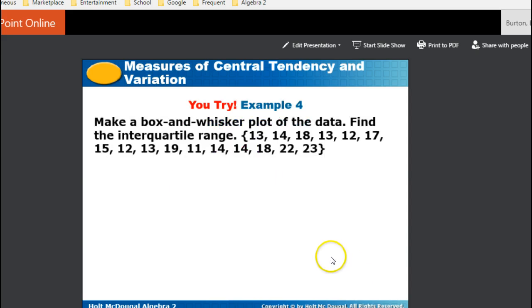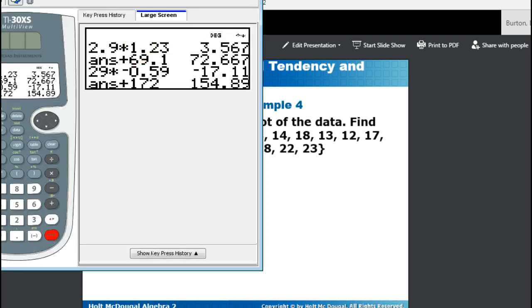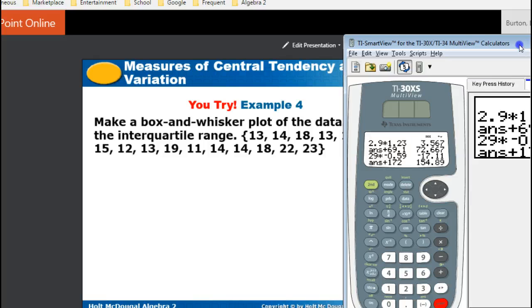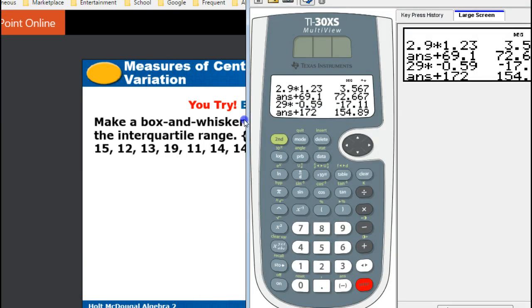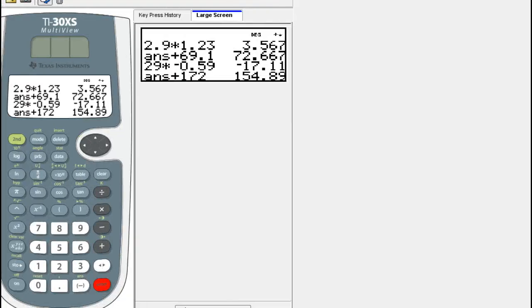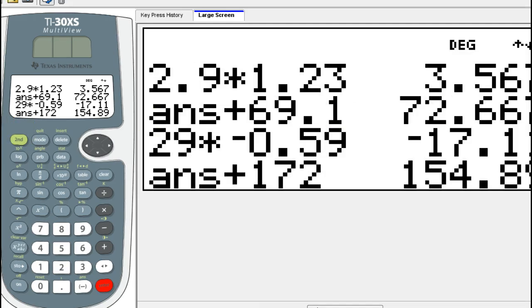Oh, you know what? I'd like to show you how to get these values off your calculator this time. So make sure you have yourself a TI-30 XS multi-view right now, because everybody wants to do things the easy way, right?